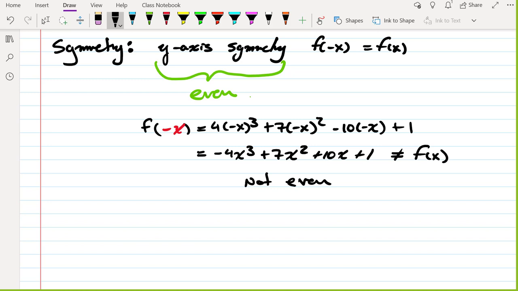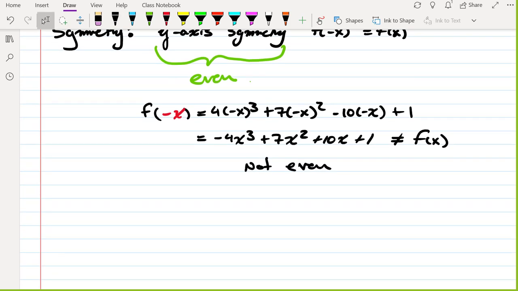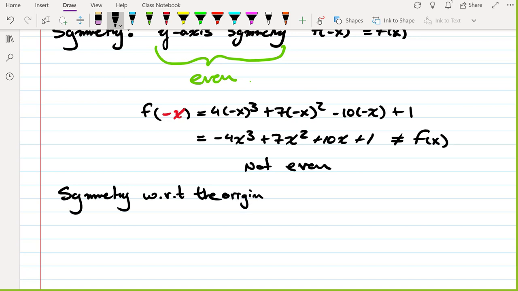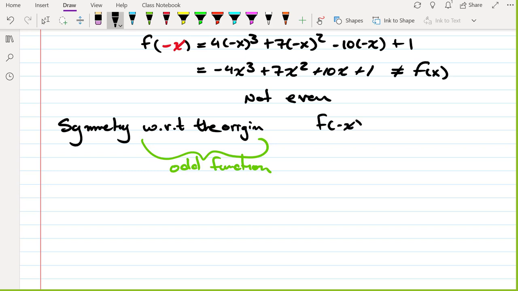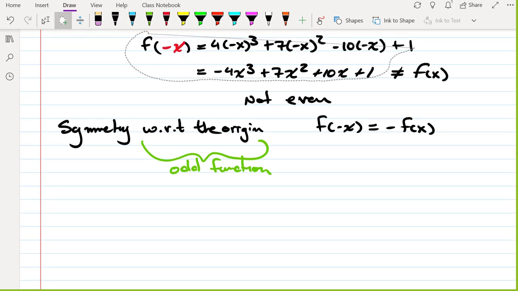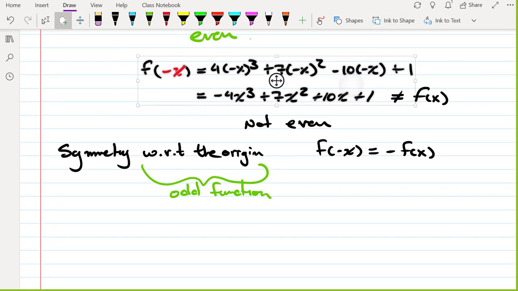So then our next symmetry is symmetry with respect to the origin. And symmetry with respect to the origin, this is the odd function, so aka an odd function. And this symmetry is that f of negative x is equal to the negative of f of x. So we already calculated what f of negative x was, and that was right here.